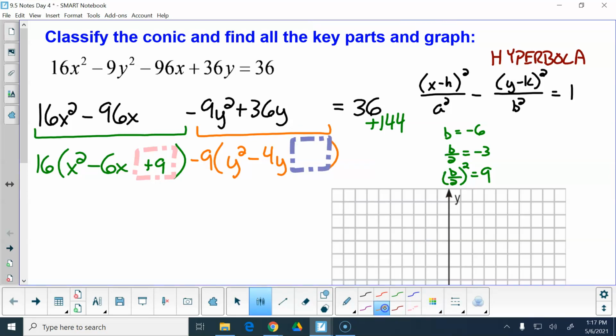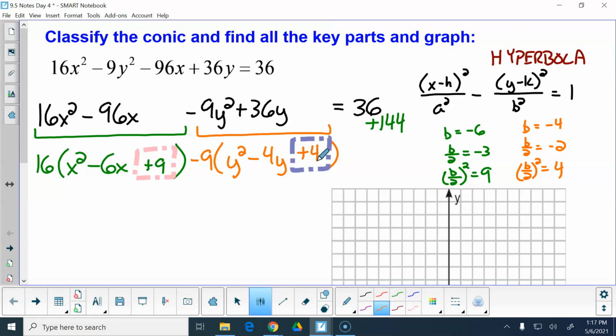So again, b now is -4, divided by 2 is -2. Square it is +4. But now I've imbalanced my equation again.